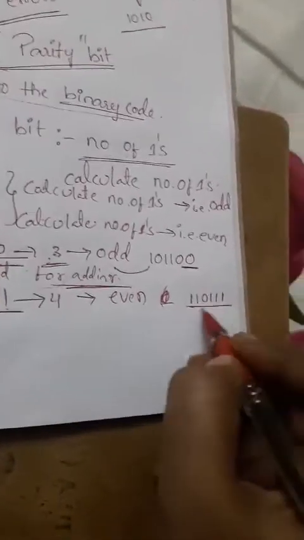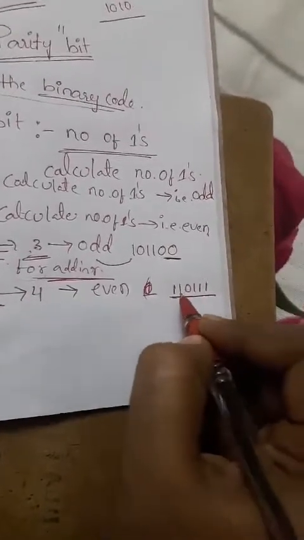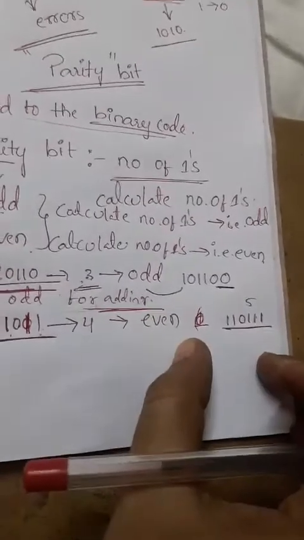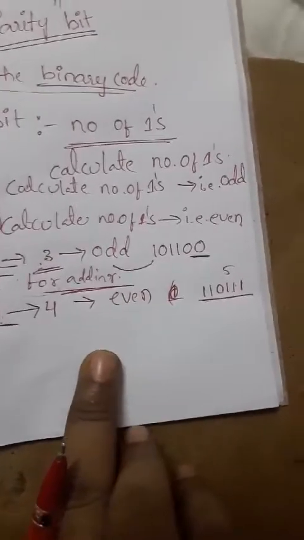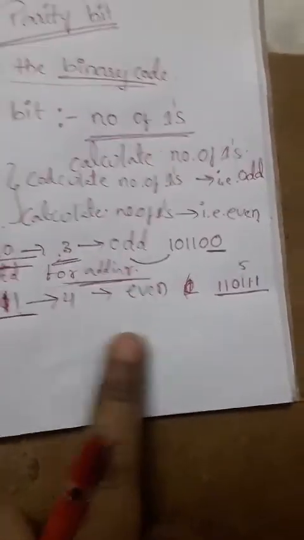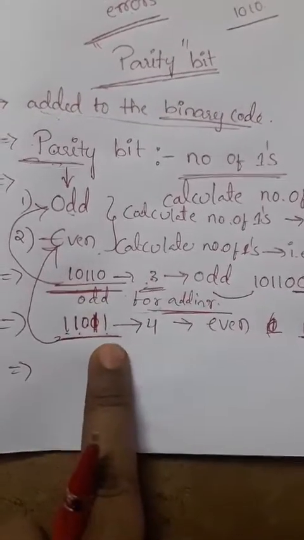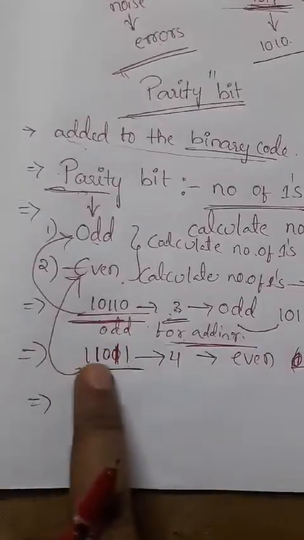What happens? Just count how many ones we have: 1, 2, 3, 4, 5. So it makes it an odd number, right? If you have a 5-digit or 6-digit code, I am taking here, okay, definitely this code is not in odd parity, right? 1111.